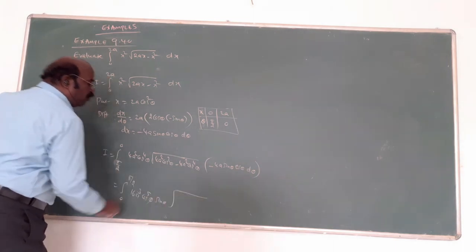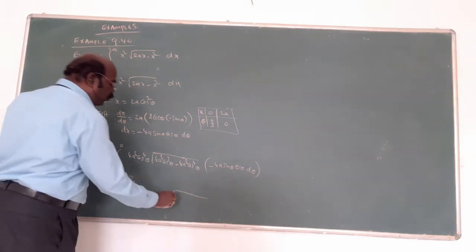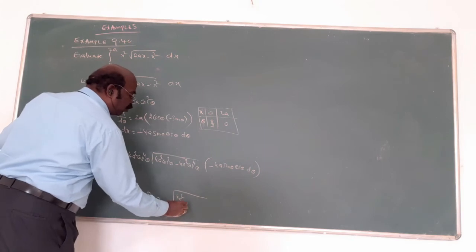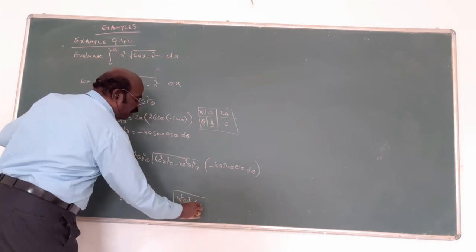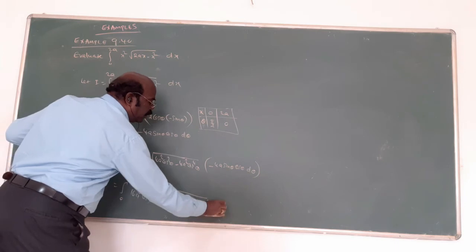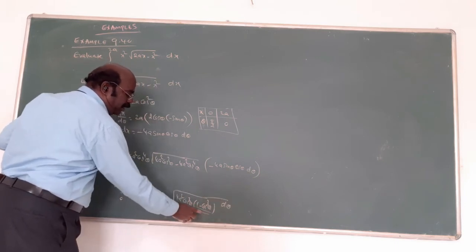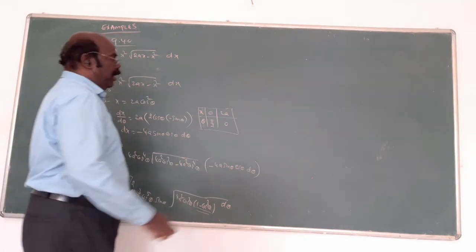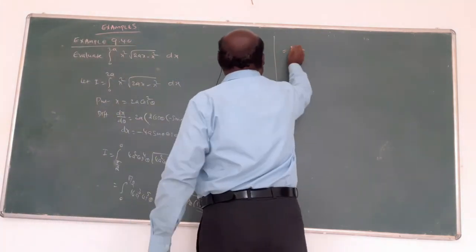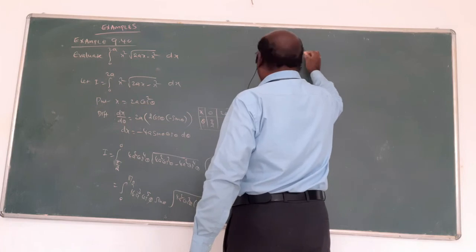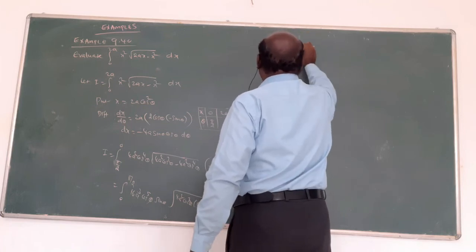Now inside the square root, 4a cos square is common, leaving 1 minus cos square into d theta, which is sin square.